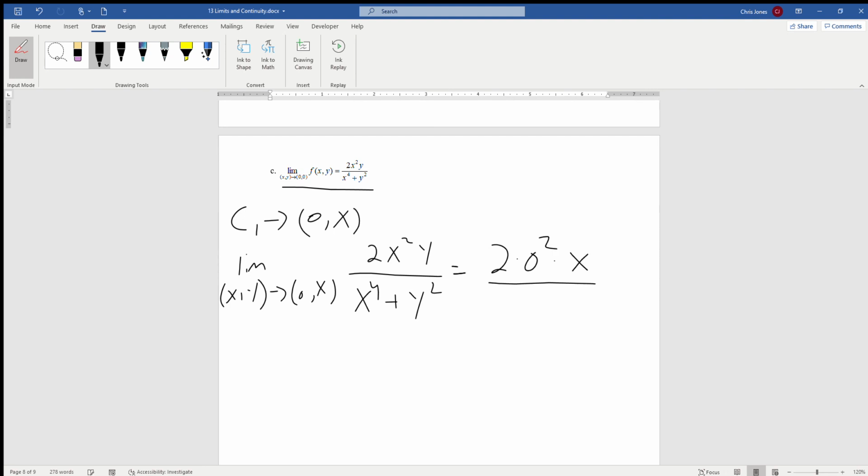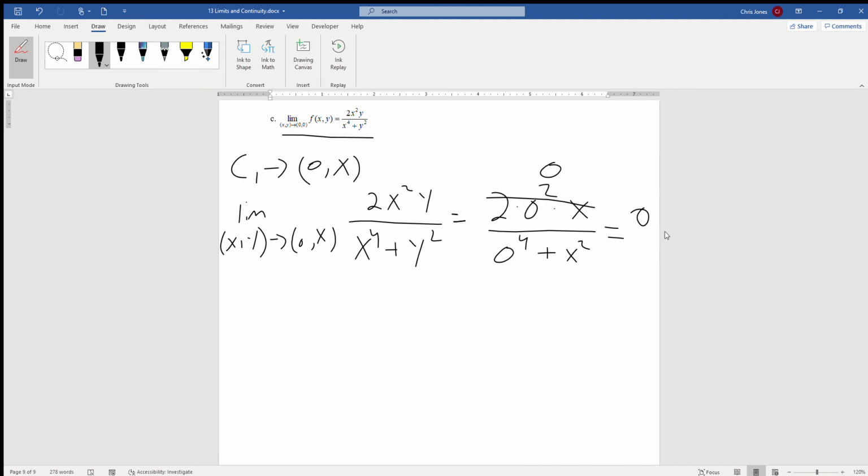It doesn't matter, I should have made that y, but it doesn't matter. 0 to the 4th plus x squared, and clearly that's going to be 0 because the top just becomes 0. We get 0 over x squared, which is 0. All right, so we're looking for something other than 0. And I don't think that x comma 0 is going to give us the right path, because anytime you put 0 in the numerator, it's going to end up being 0.